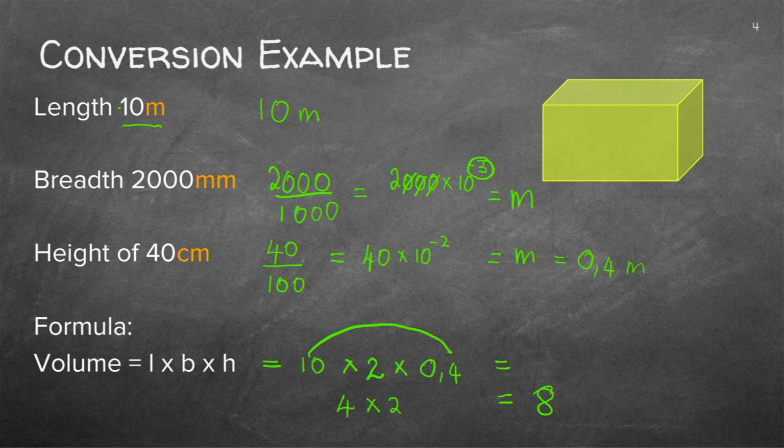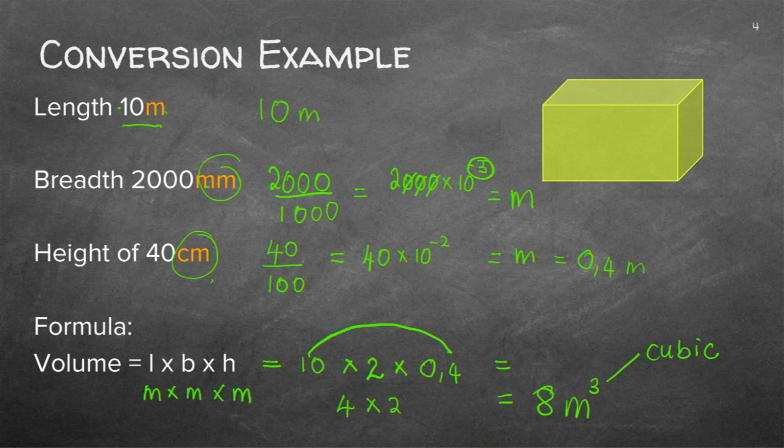So that was an easy conversion of meter, millimeter, and centimeter, each of them to the power of a meter. Finally, what will the unit be? Well, the length was in meter, the breadth was in meter, and the height was in meter. So this will be 8 meter to the third. And we express that as cubic meter.